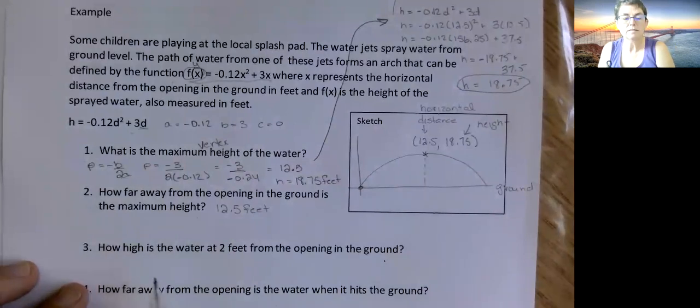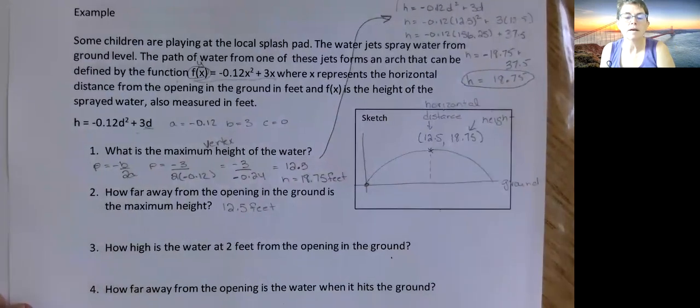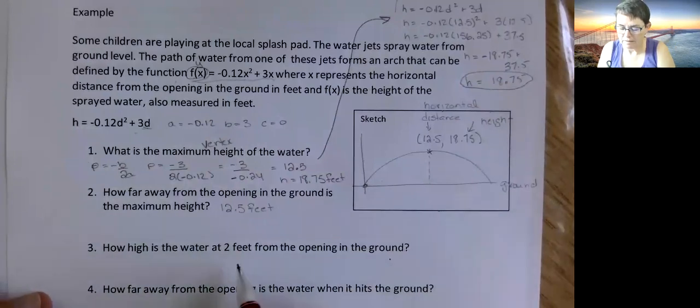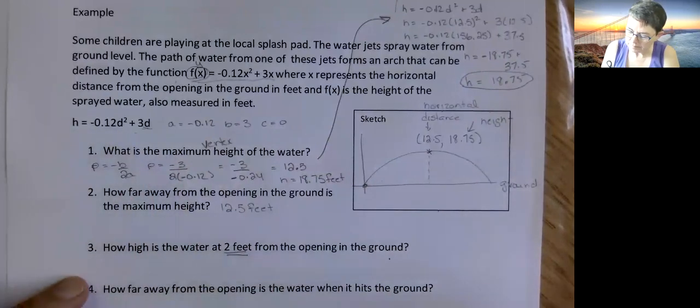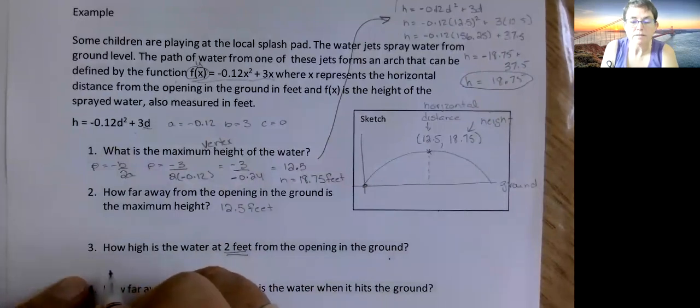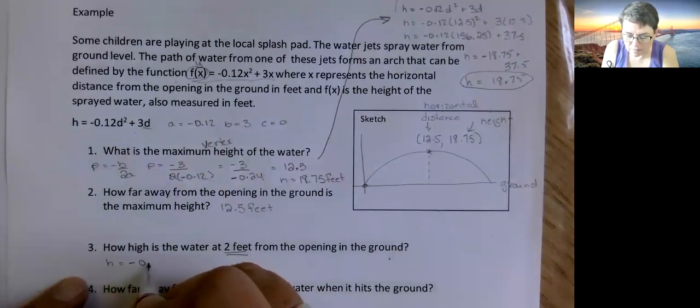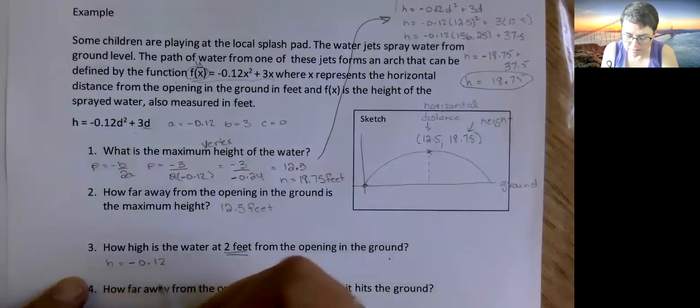How high is the water at 2 feet from the opening? Okay, so 2 feet from the opening, the distance from the opening is represented by d. So height is equal to negative 0.12 d squared plus 3d.